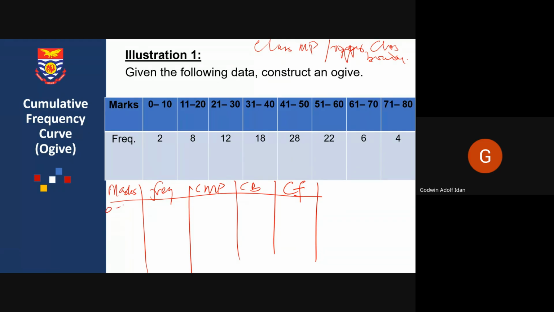You have the 0 to 10. You have 11 to 20. So which class is this one? 21 to 30. Yes, Juliana, you can go ahead. Yes, it's class limit.